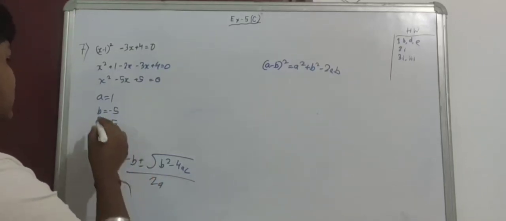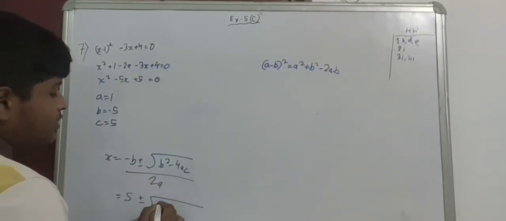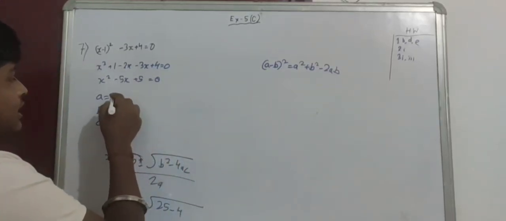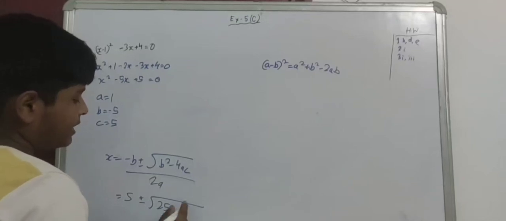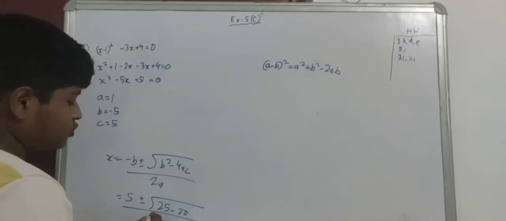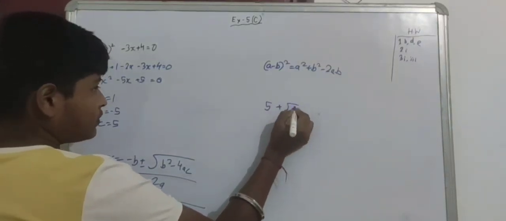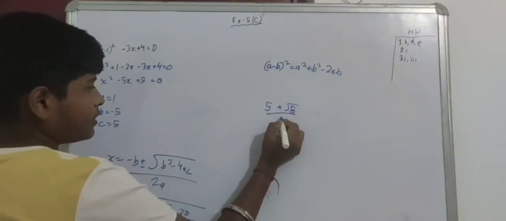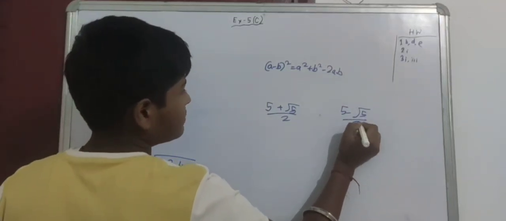Putting in the values, minus 5 and minus go to plus, plus minus under root b squared is 25 minus 4 into a into c, that is 5, which is 20, divided by 2 into a, that is 2. Now here we have 5 plus under root 5 by 2, and here we have 5 minus under root 5 divided by 2.